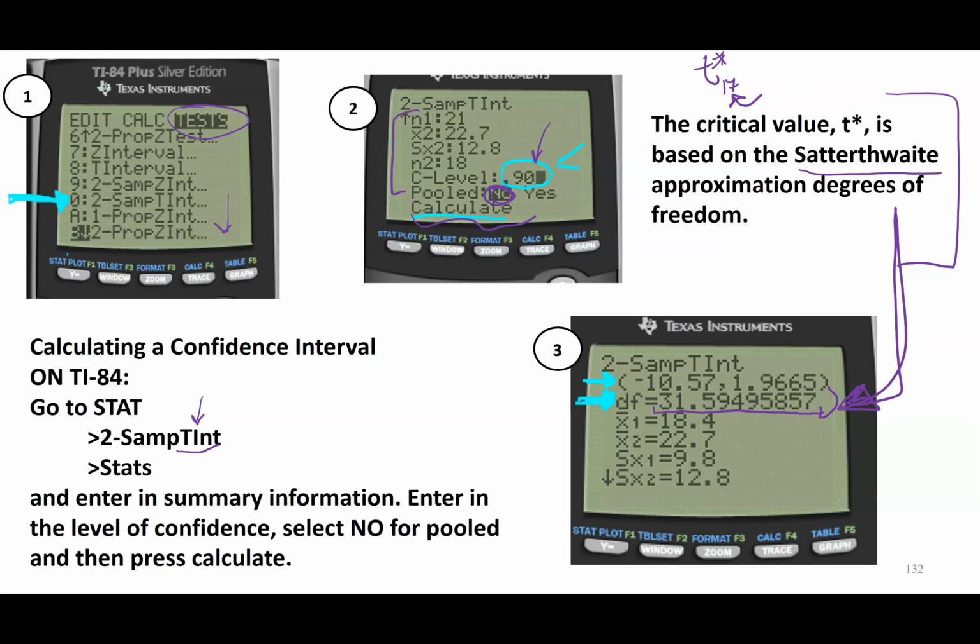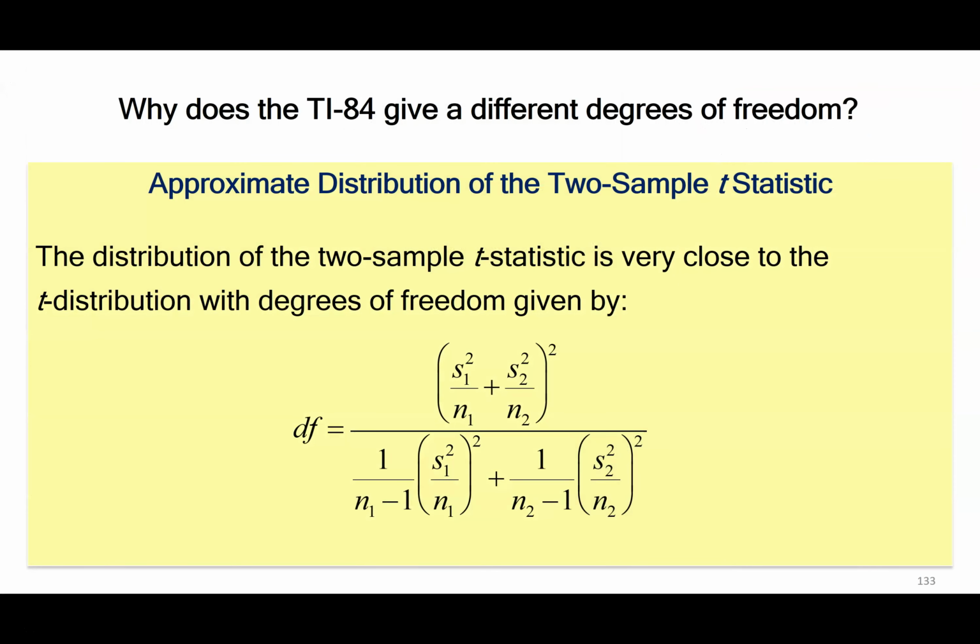That means you can't use the t-table. You pretty much have to use software to find your t-star or p-value if you're using Satterthwaite degrees of freedom. You're not expected to use them. You can, just know that you have to use software if you do.